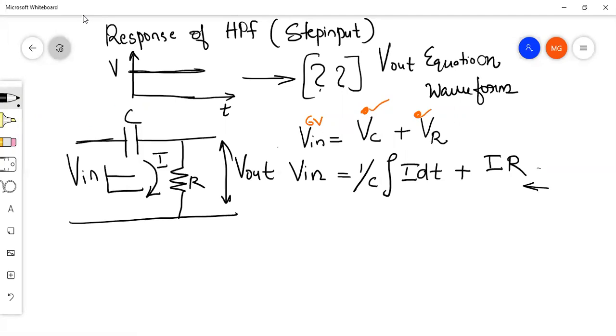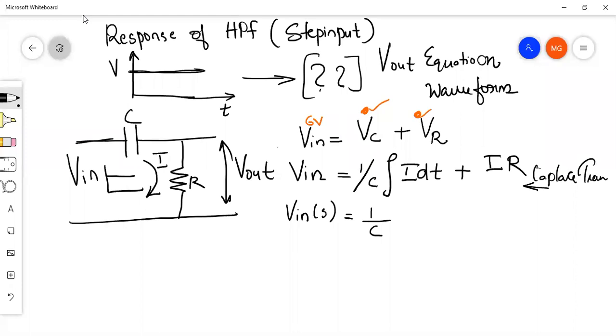Then, to this equation I am applying the Laplace transform. V input is a time variable quantity, so this will become V in of S. Capacitor is a constant, not time variable, so 1 by C. What is integral I dt? What is the Laplace transform of integral I dt?